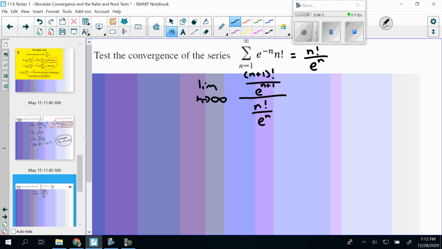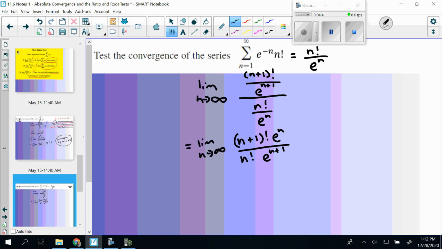So now we want to simplify this limit. First thing I'm going to do, again, is multiply by the reciprocal of the denominator. So if we do that, this is now going to be n plus 1 factorial times e to the n on top. On the bottom, we're going to have n factorial and e to the n plus 1.